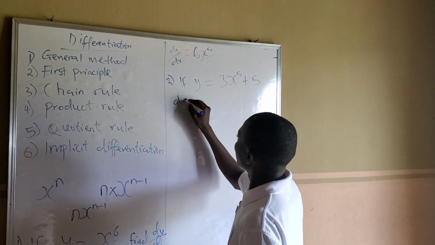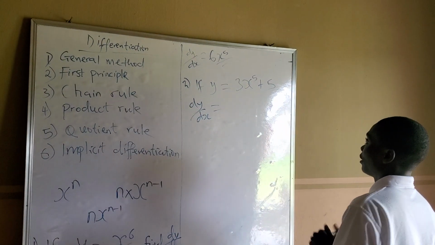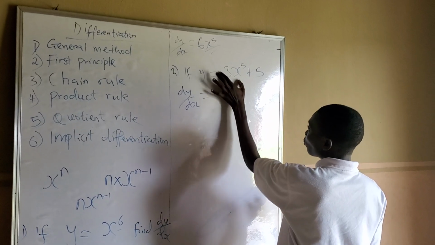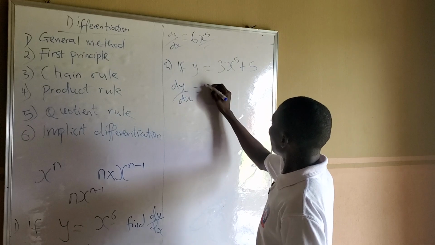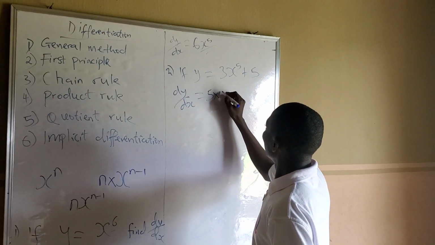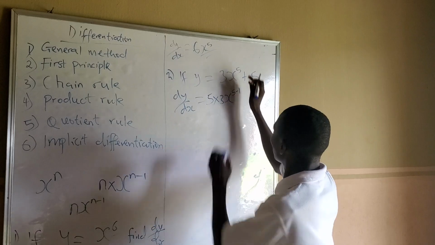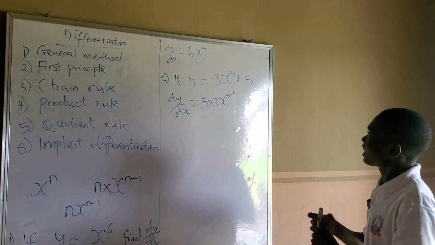The dy/dx equals, just as I've said earlier, you use the power to multiply it, and then subtract 1 from the power. Now that would be 5 times 3x raised to the power of 5 minus 1. That is for this aspect. We are going to differentiate this. This is a constant number.